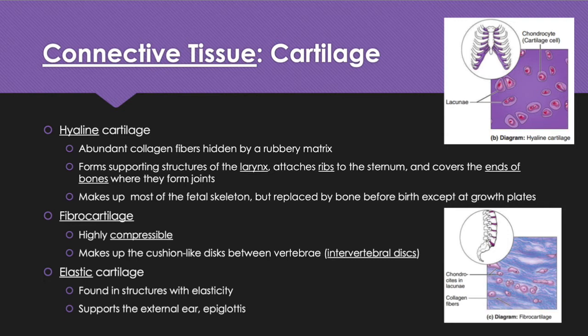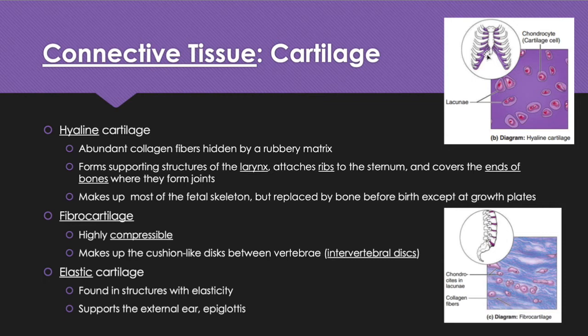So it's going to be rubbery inside, and it's because it has a lot of collagen in it. It will support your larynx or your voice box. It allows your ribs to attach to your sternum, so you can see that highlighted in purple up here. And then where your joints form, where your bones connect, that cartilage would also be hyaline cartilage.